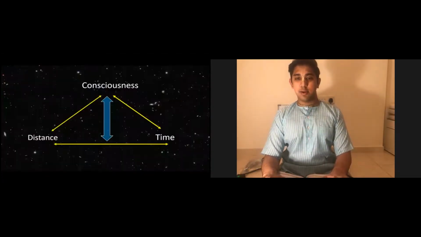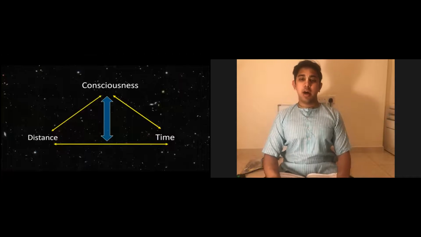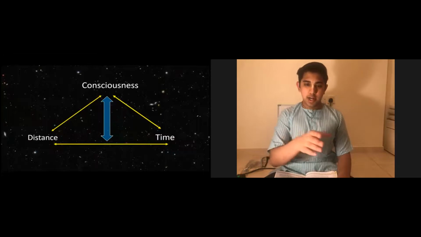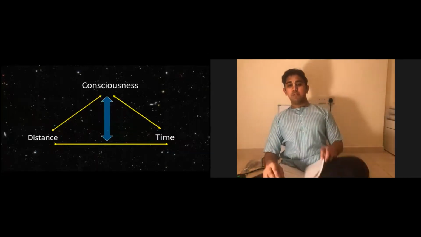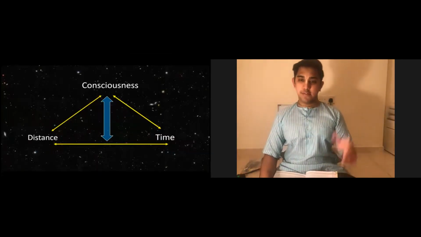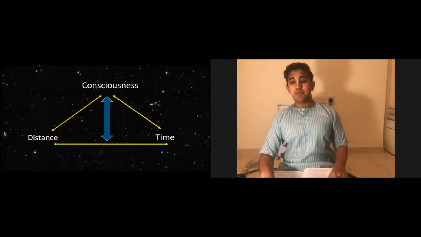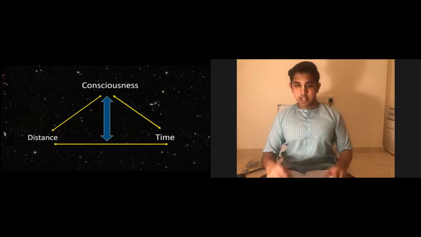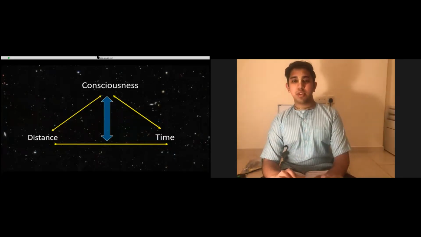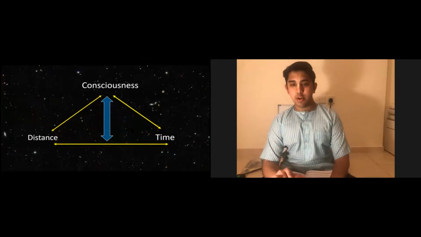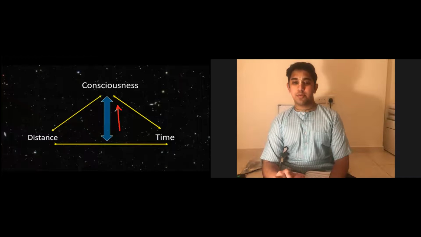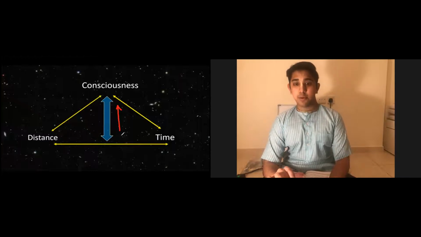So that's Satyaloka. As we move up and down the universe, we are influenced by three things: consciousness, distance, and time. We spoke of distance, we spoke of consciousness in the first lecture. And time is equally influenced. Just like how this triangle represents, as we go up, the time kind of shortens relative to the time on Earth.